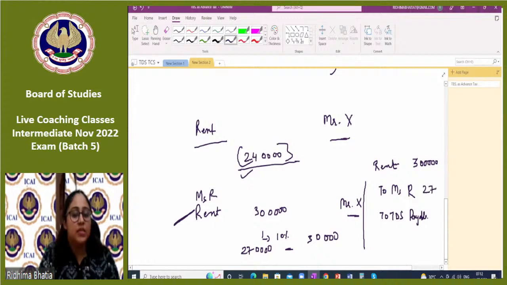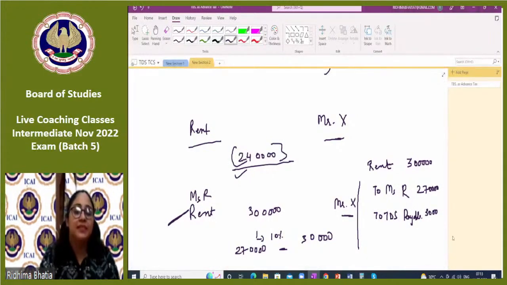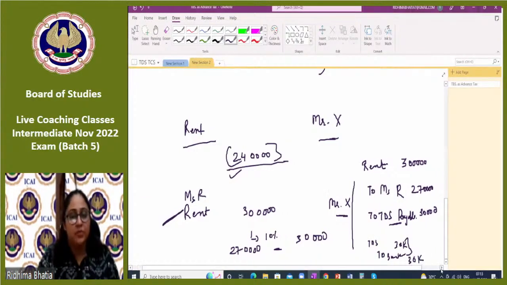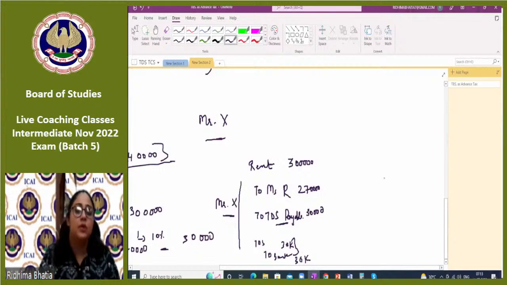Only 2,70,000 has to go to the account of Miss R, and 30,000 has to go to TDS payable. Why TDS payable? Because this is the amount which he has to pay to the government. Now when he makes the payment, TDS payable to bank for the TDS deposited with the government, which is 30,000. And when he makes me the payment, it would be Miss R to bank, 2,70,000.